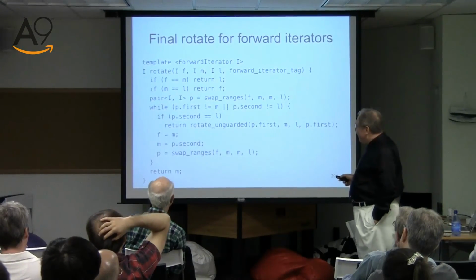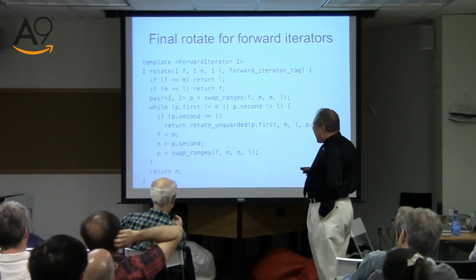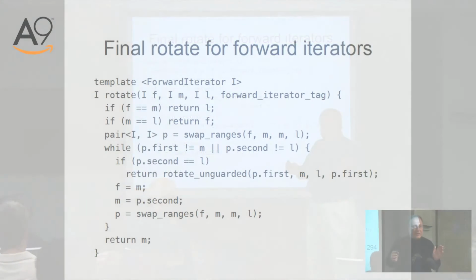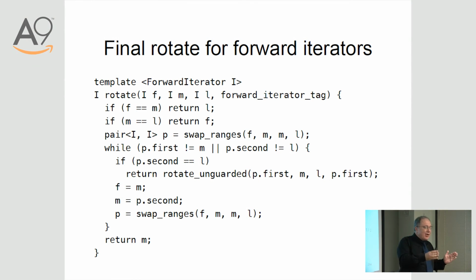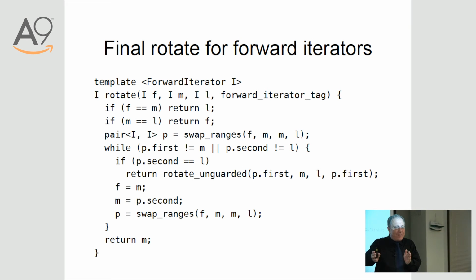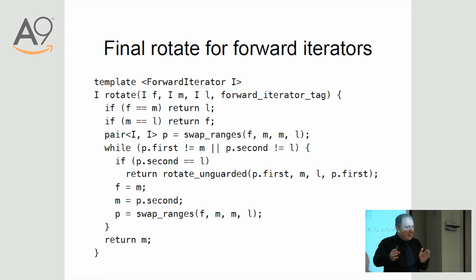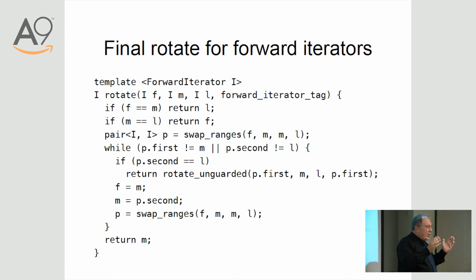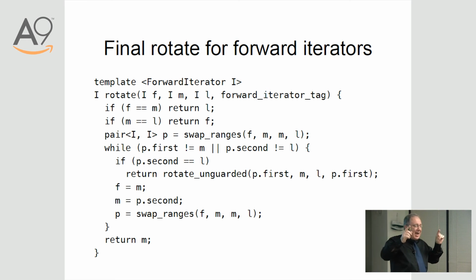So, and now the final version. It is identical except we do the following thing. We say as long as we can move forward, because what we need to do is find what is M prime. M prime is the guy whose distance to the last is the same as the distance of M from the first.